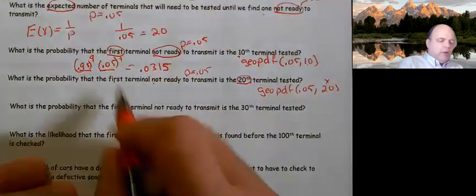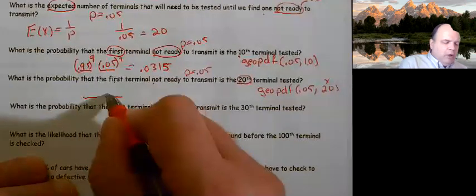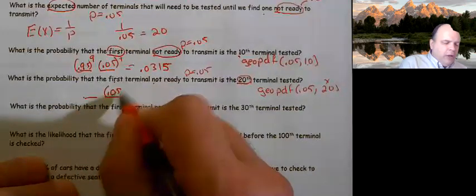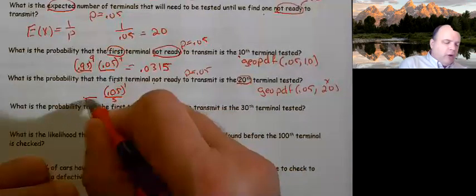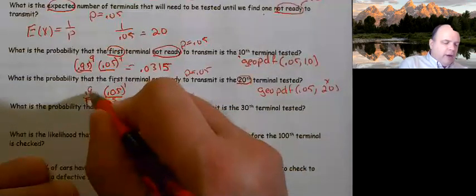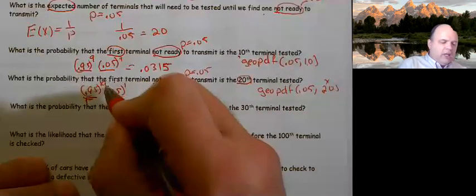All right. So that's my calculator speak, which gives me no credit, but it tells me what to punch in the calculator. 0.05, that's always going to be the first because we were working to the first success. So this is a success. These are all fails. 0.95. 20 minus 1 is 19.